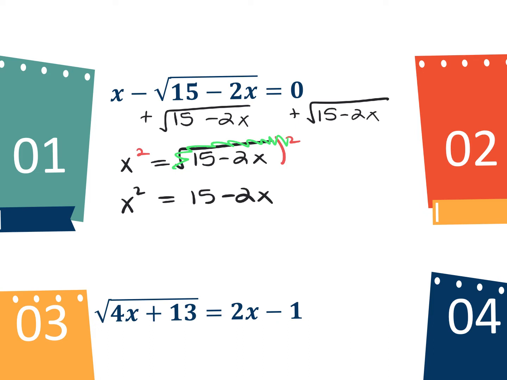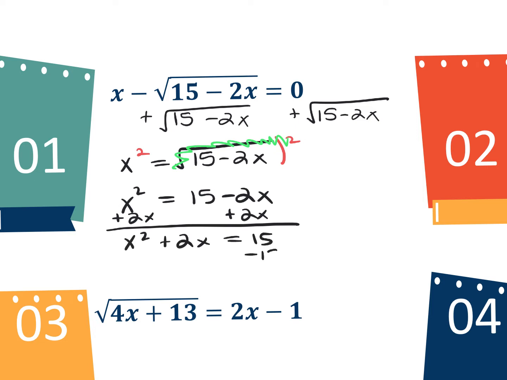So I'm going to add the 2x first. The order that you move the 15 and the 2x doesn't matter. And then I'm going to subtract the 15. And now I'm left with x squared plus 2x minus 15 equals 0.